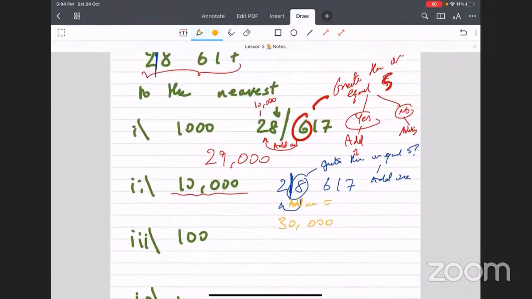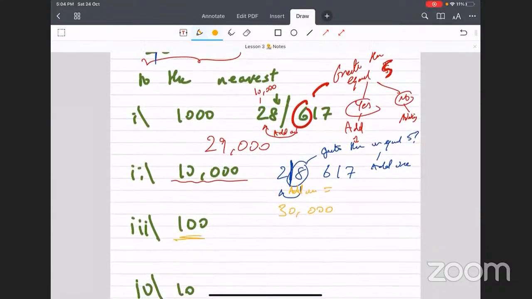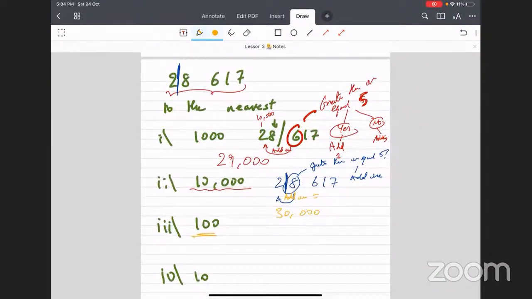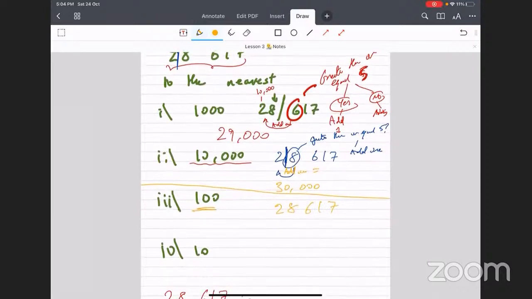Okay, very good. To the nearest 100, what will we do? We will check 28,617. So to the nearest 100, I'll check here, and the 1 is actually smaller than 5. So do nothing.